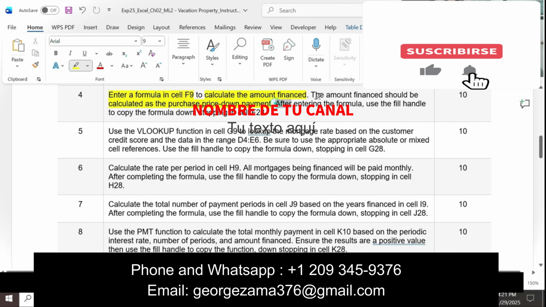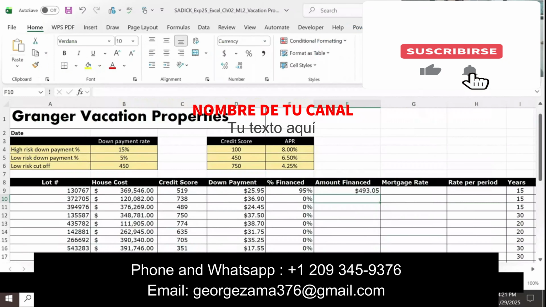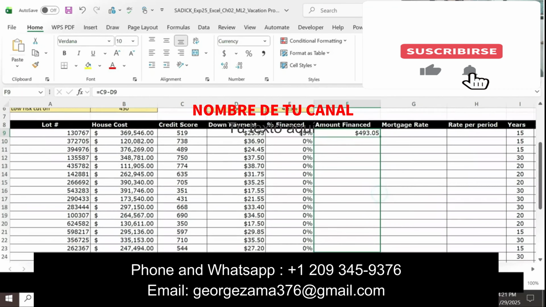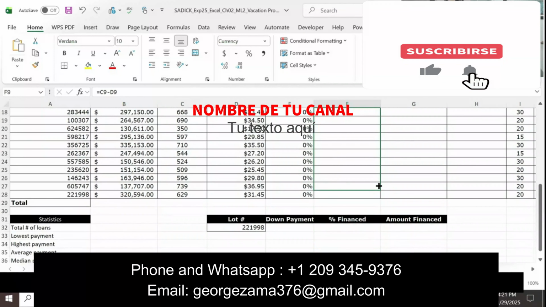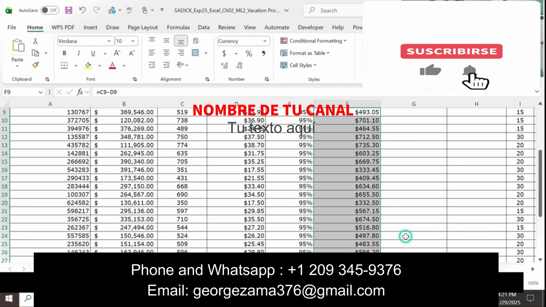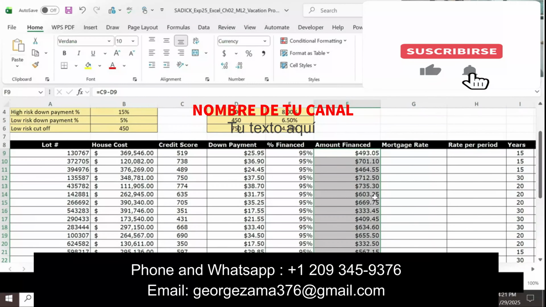After entering the formula, you will use the fill handle to copy the formula down to F28. Now we have to fill that formula down there. Then fill handle. Yes.